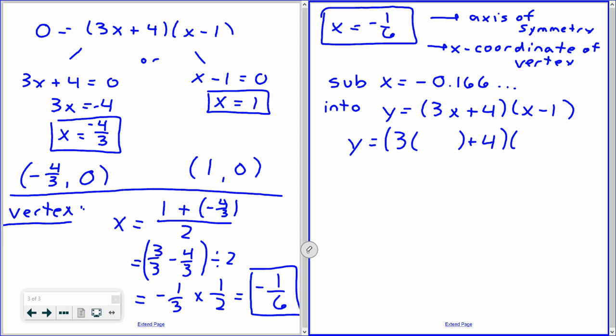Calculator boy is the best job in the classroom if you don't know that one. -0.166. Oh, crazy. So that should turn into 3.5. That's right. So we confirm. Times -1.1666. Somebody confirm that for me?